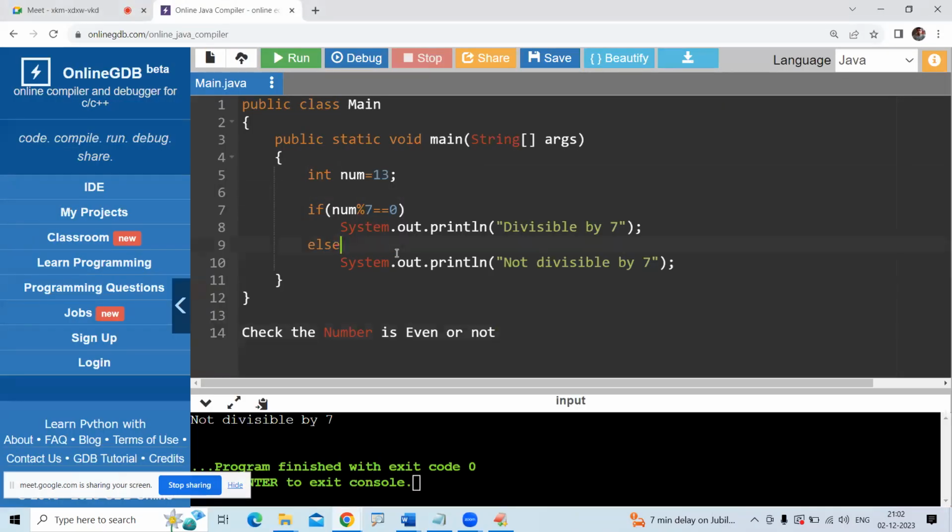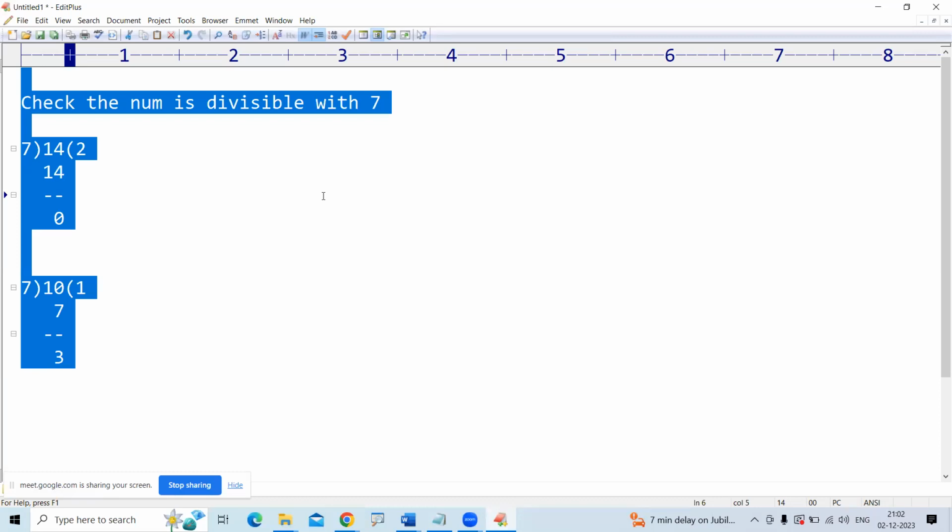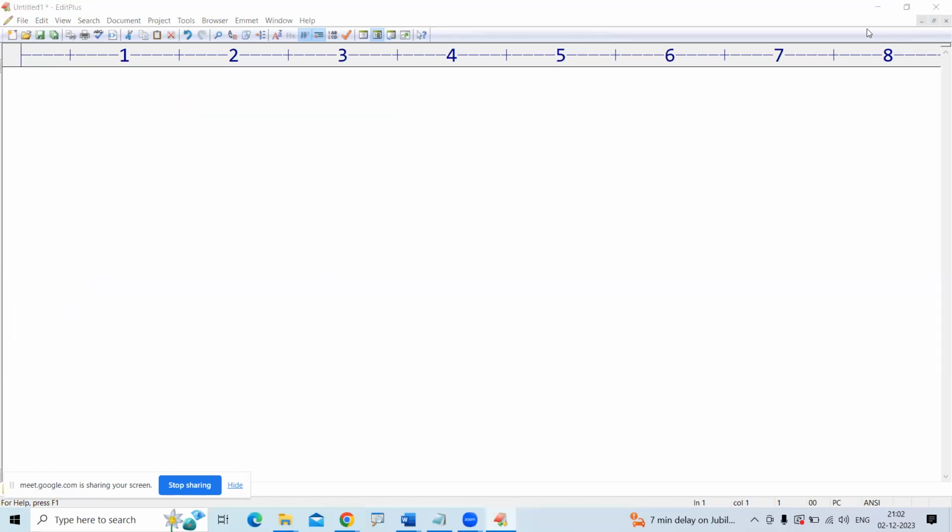See, with these kinds of questions only, they will expect from the relational operators. Now, one important thing I'll explain. Check whether the number's last digit is 0 or not, because in the last class I explained clearly how to get the last digit.